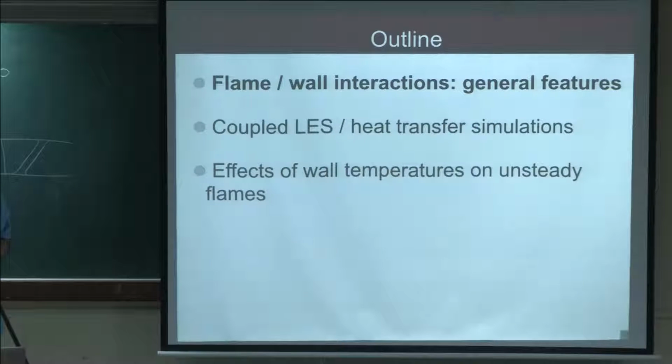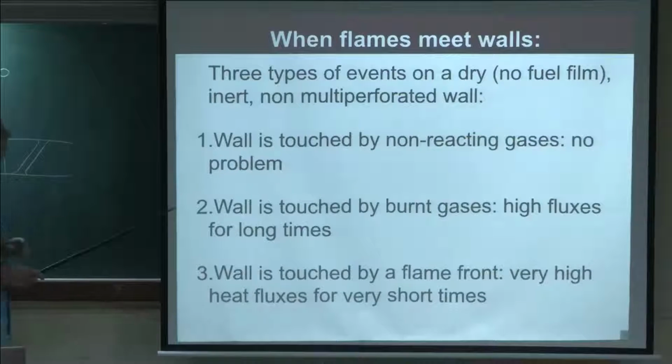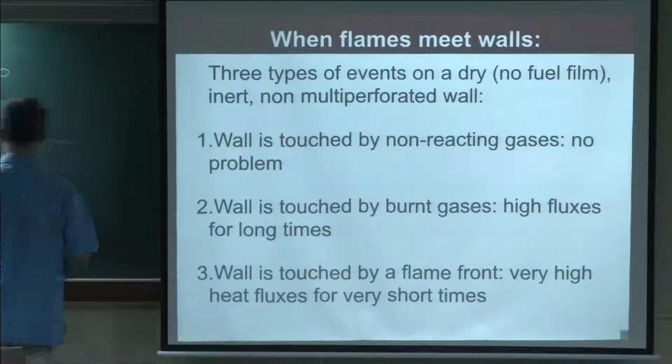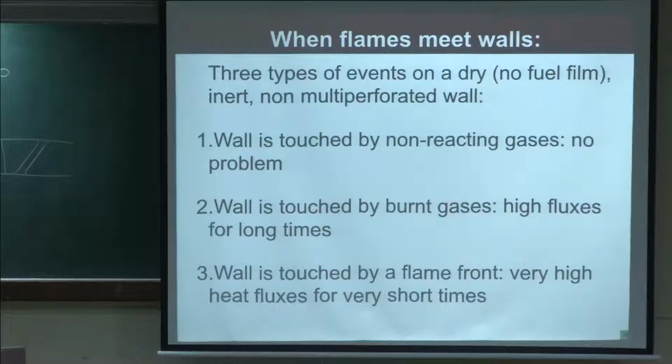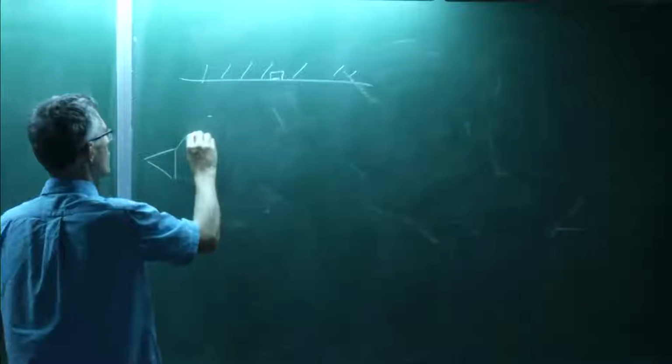Now, in general, if you're sitting in a burner and you have, let's say for the moment, a premix flame in front of you. So you're on this wall here, and here there's a flame. So again, we can take the example of the Volvo case. You have a flame like this.